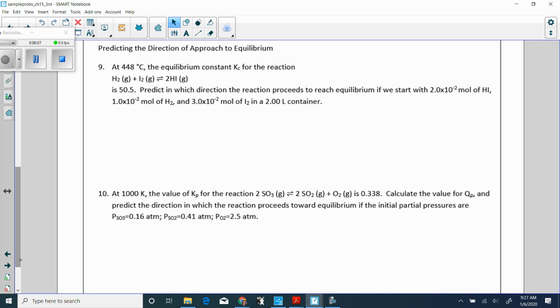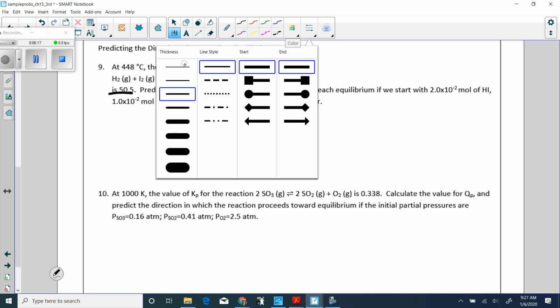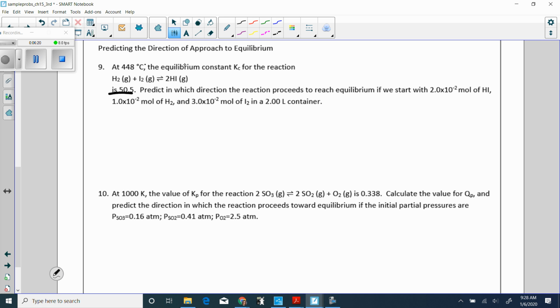The equilibrium constant Kc for that reaction is 50.5. So this is K. Predict in which direction the reaction proceeds to reach equilibrium if we start with, and the word means initial, reading comprehension, 2 times 10 to the negative second moles of HI, 1 times 10 to the negative second moles of H2, and 3 times 10 to the negative second moles of I2.